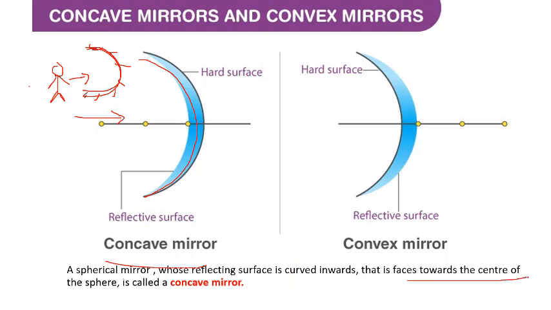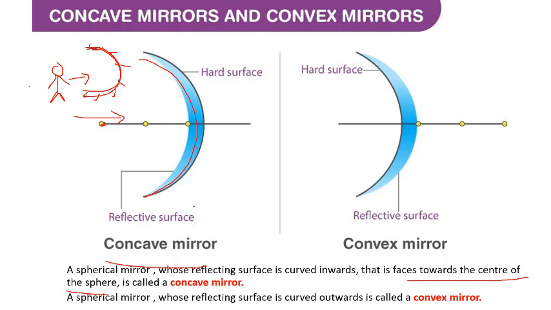It faces towards the center of the sphere. So you will be towards the center of the sphere. And a spherical mirror whose reflecting surface curves outward is called a convex mirror. See, this is the reflecting surface, it is curved outwards, so when a ray hits, it will go in this way, curving outwards.